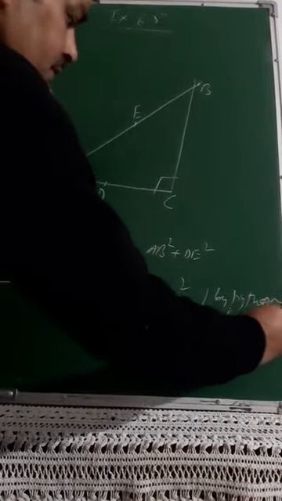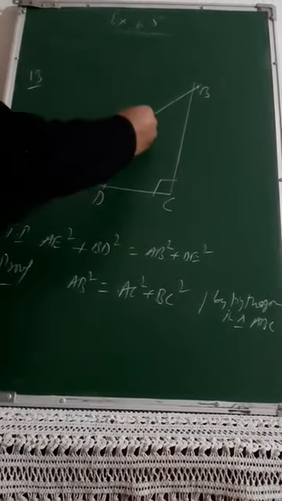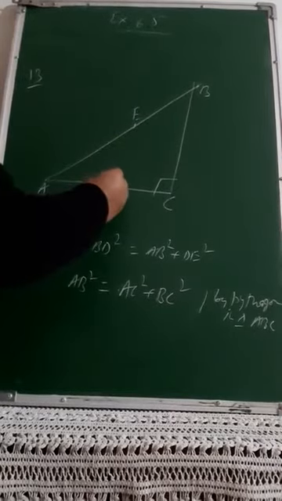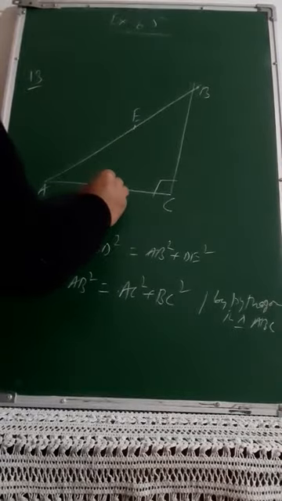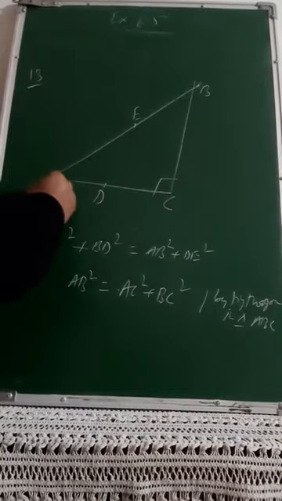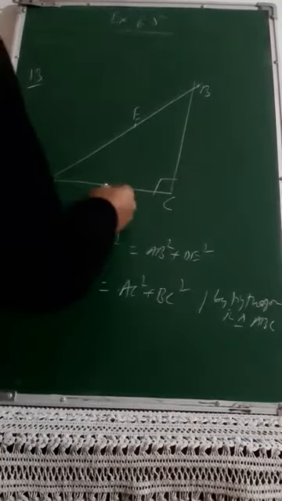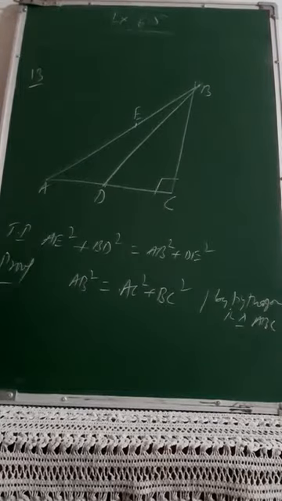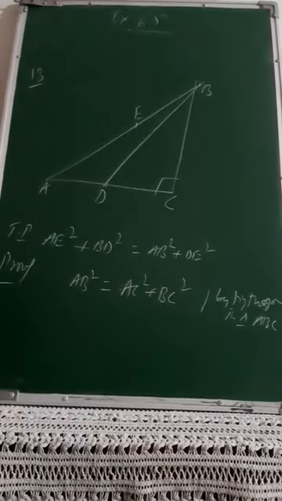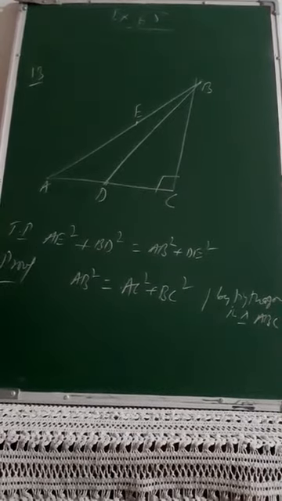You need DE, so join DE. AE also you need. AE square is there. BD you need, so join BD also. AE square plus BD square is equal to AB square plus DE square.